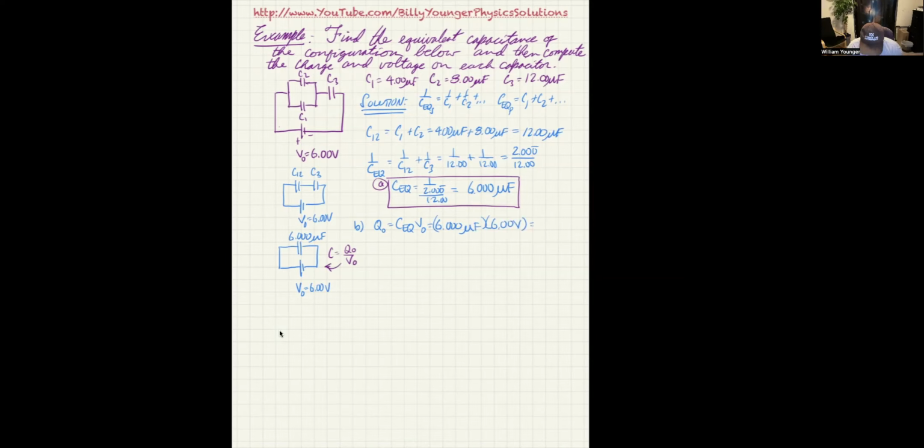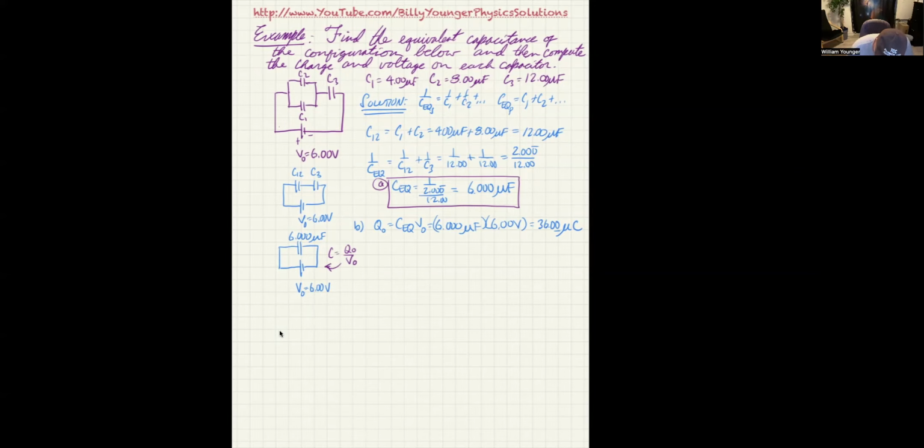And a farad is a coulomb per volt, and the micro we can just keep. And what we get is 36.0. That's 4 sig figs, yeah, 36.0. So this gives me 36.0 microcoulombs.